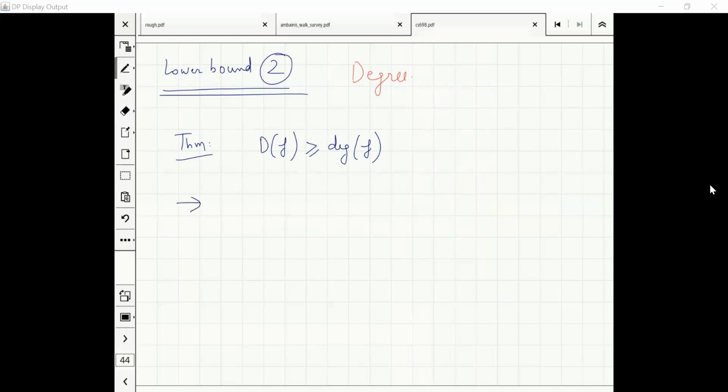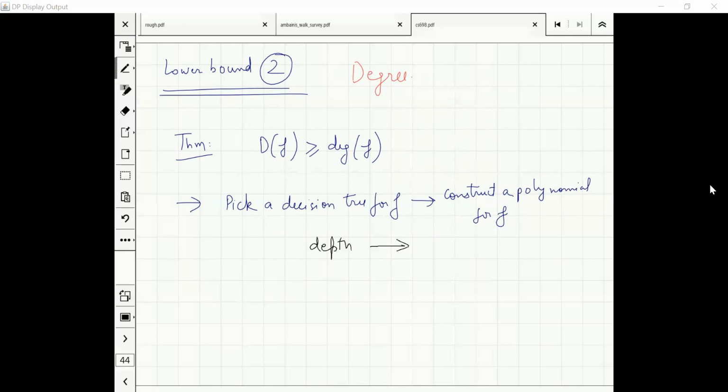What is the idea? You pick a decision tree for F and construct a polynomial for F. Exactly. Such that the depth of the decision tree transfers to the degree of the polynomial.